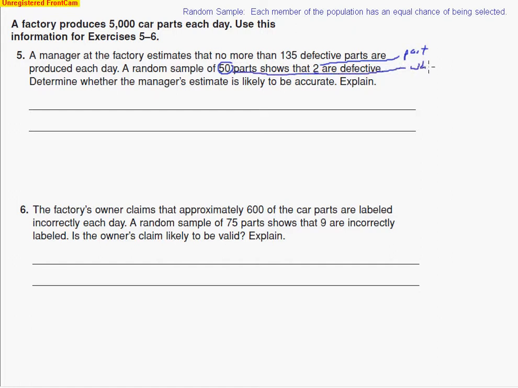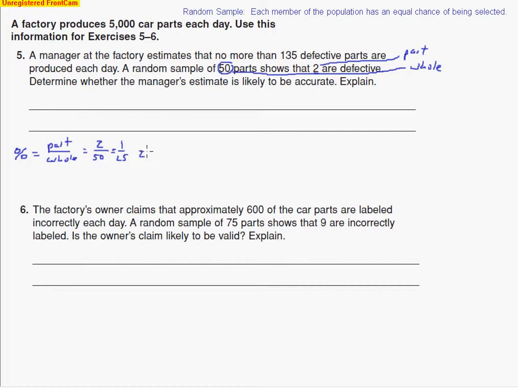A percentage is just a part over a whole. So we're going to do a division problem and reduce this fraction. We have 2 parts out of 50 total that we sampled, which reduces down to 1 over 25.